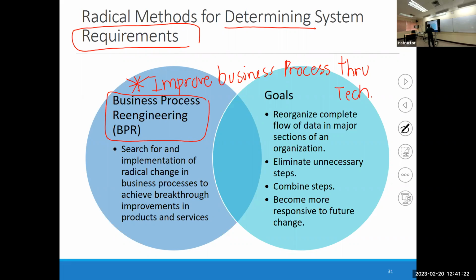So it means you can reorganize some process. You can eliminate some unnecessary steps, okay, or combine certain steps together. And yes, become more responsive to future changes.